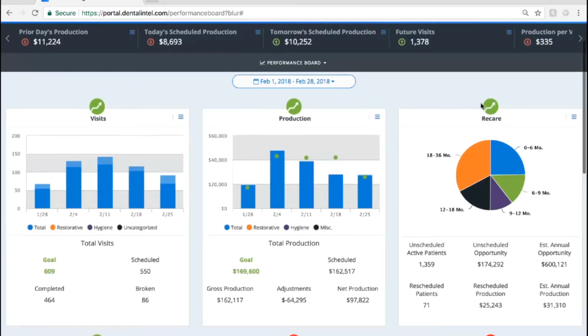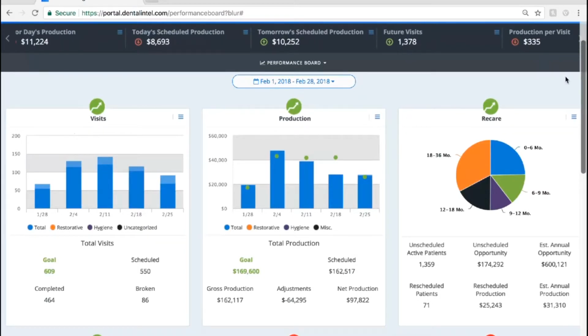Myself and our team of coaches, we constantly talk about this. There are so many practices we coach that don't need one more new patient. They just need to keep the ones that they have. And that's what's happening nationwide: we're seeing all of a sudden, oh my goodness, now I know where to improve.